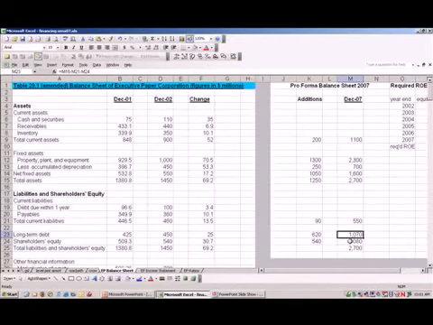So we've developed a target financing structure for Executive Paper in 2007 consisting of 40% equity and 60% debt to support $2.7 billion in assets.